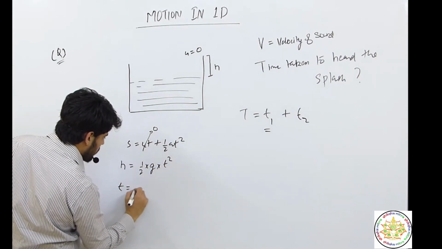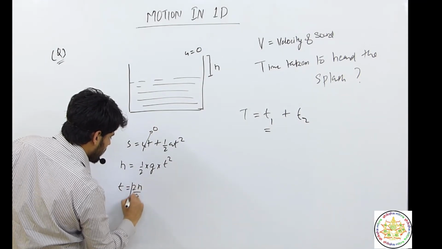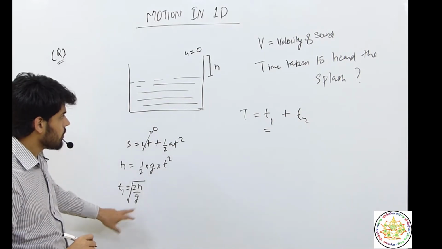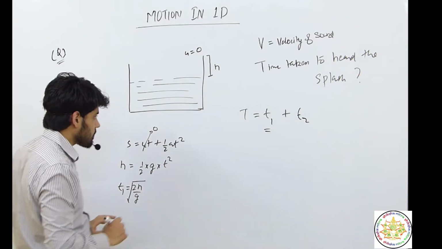So t comes out to be under root 2h by g. This is the time taken by the stone to reach the water level.